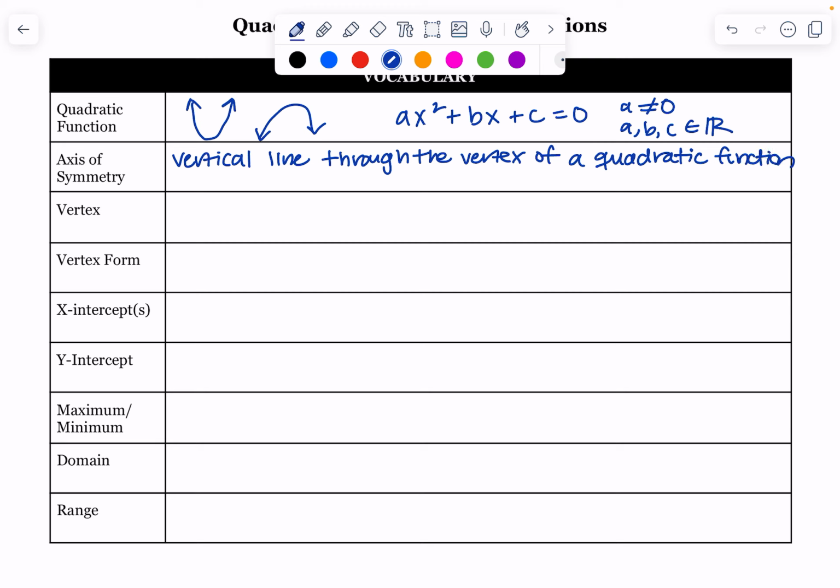You can have axes of symmetry not through quadratic functions, but for the purpose of this video, we're going to be looking at quadratics. And the vertex would be the turning point of the parabola. These are not formal definitions, by the way. I'll put quadratic function instead of parabola.